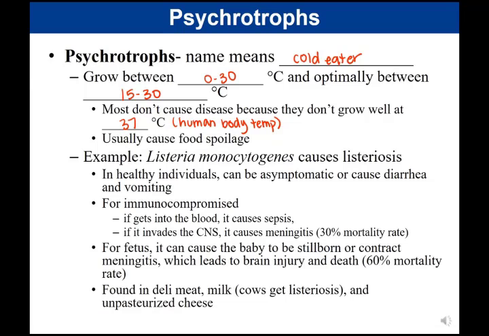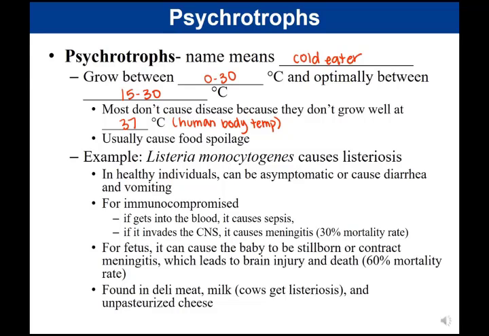They're also advised not to eat deli meat that has not been thoroughly heated, because the more common ways that people get listeriosis is through meats and through milk products. And that's because cows also get listeriosis. And so as a result, cow's milk and therefore cheese can have listeria bacteria in it. And so if it's not pasteurized, that bacteria might be present.